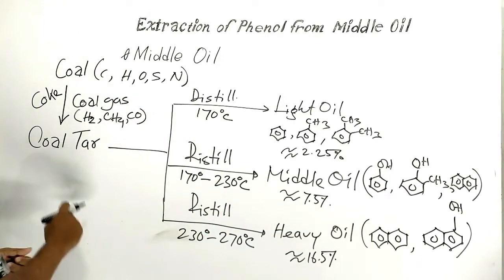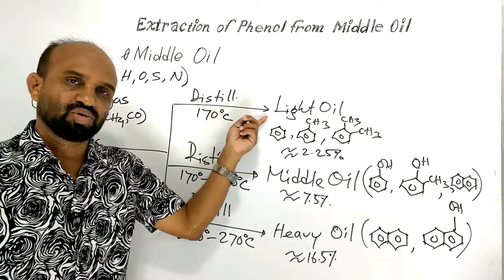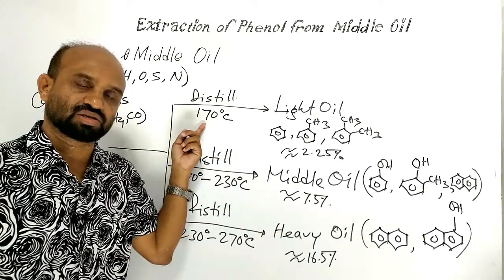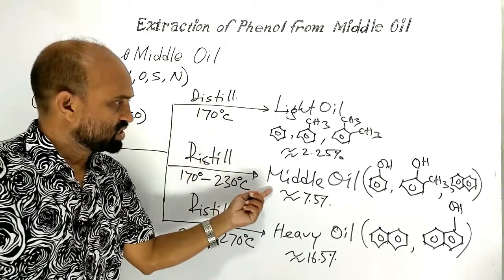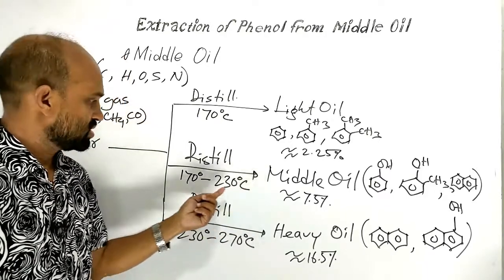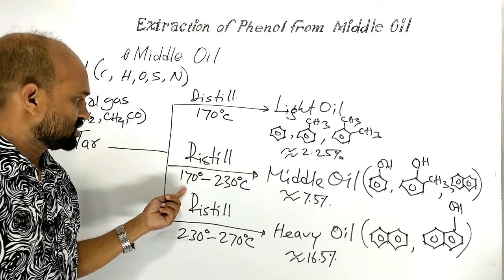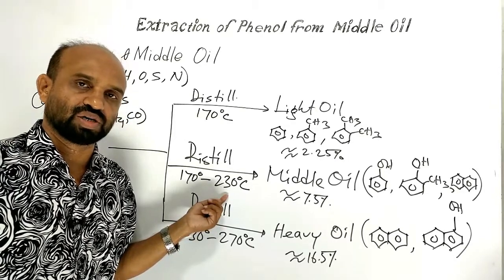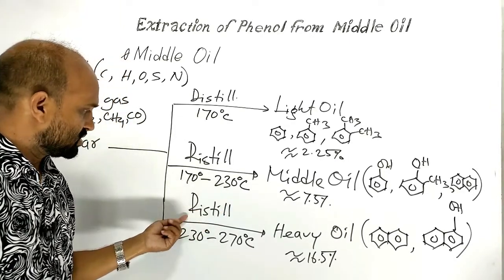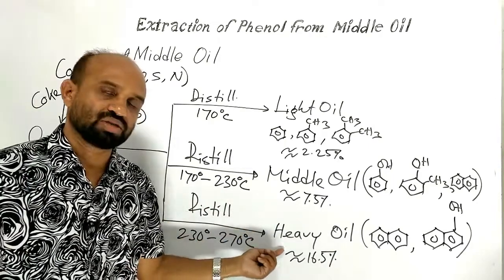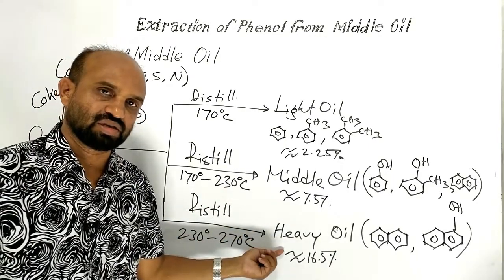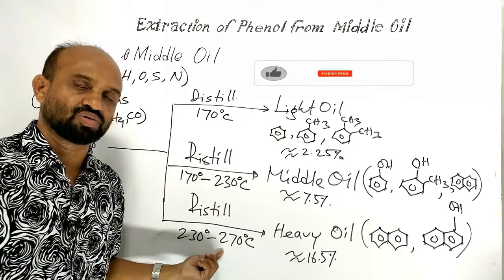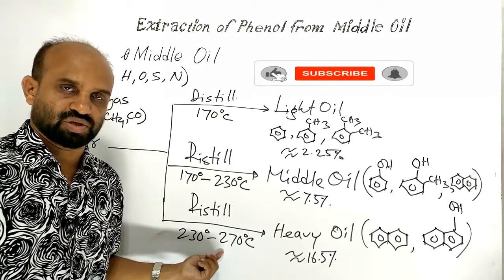From coal tar, light oil is obtained as distillate at 170 degree Celsius temperature. Middle oil is obtained at 170 degree to 230 degree Celsius temperature, and heavy oil is obtained as distillate from coal tar at 230 to 270 degree Celsius temperature.